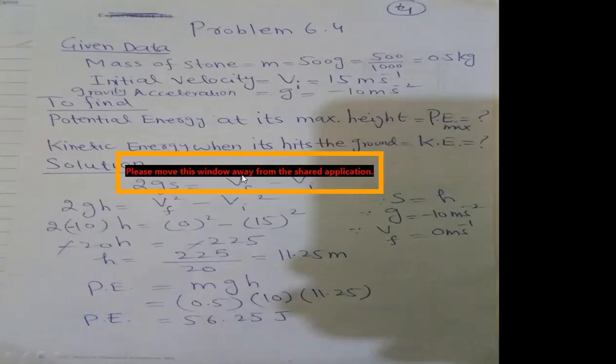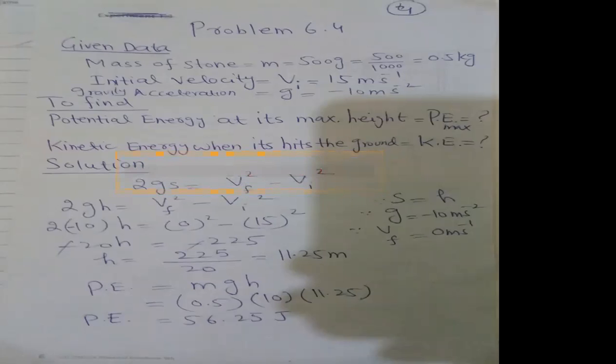First of all, I will use the third equation of motion, which is 2as equal to vf square minus vi square. But in this case, because my ball is thrown vertically upward, a is replaced with g and s is replaced with h. You know height is involved when something is thrown vertically upward.